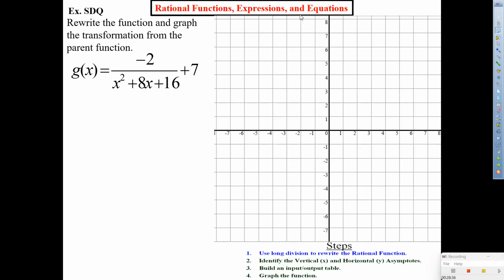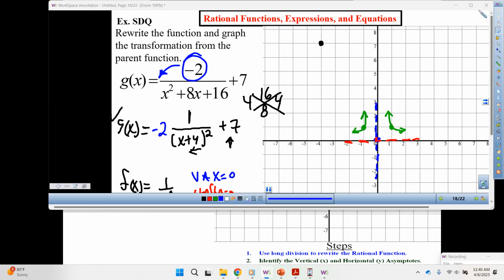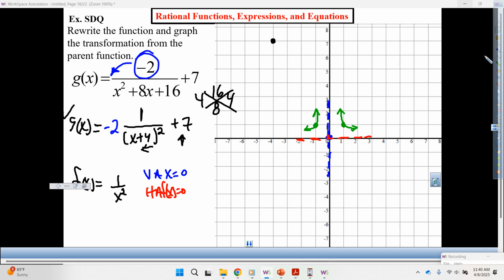Our horizontal asymptote. If I was to place the points, it would be from here 1 step to the left, 1 up, 1 step to the right, 1 up. Is that correct? So far?